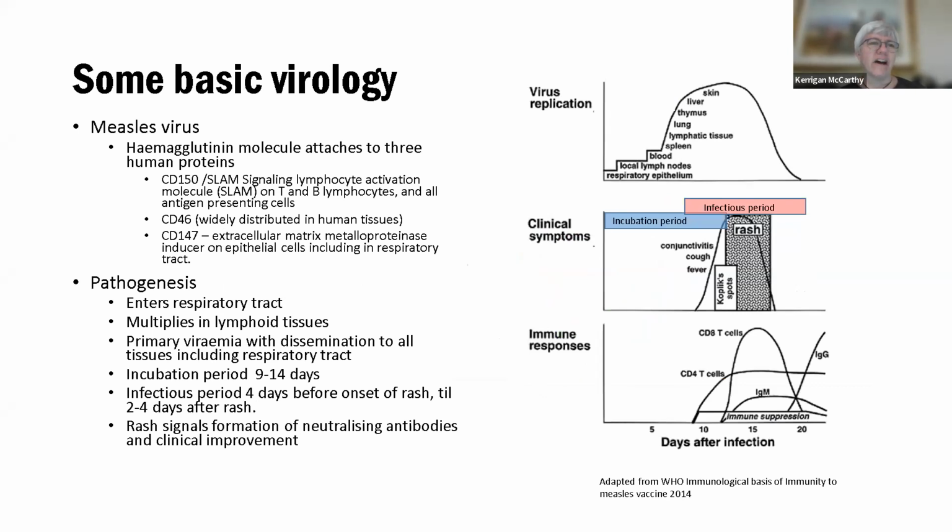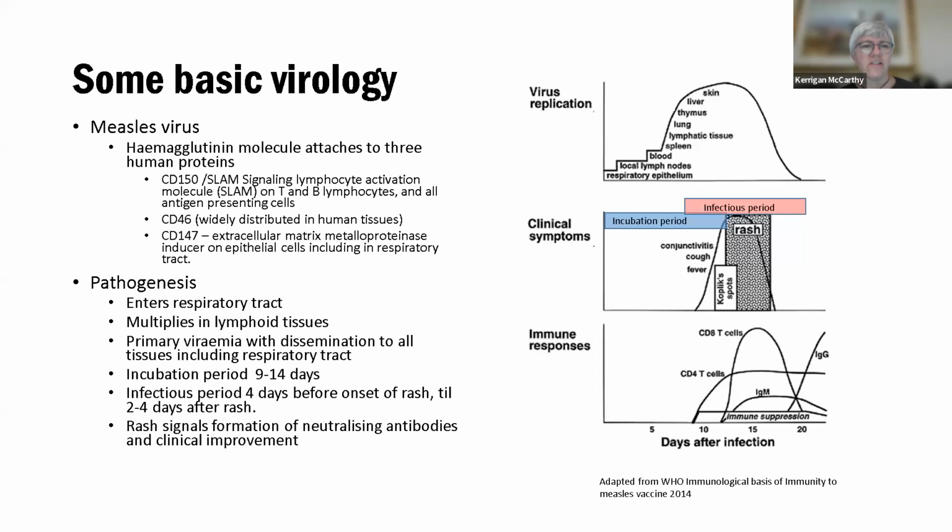How does the measles virus enter and cause disease? Essentially, the hemagglutinin molecule on the surface of the measles virus attaches to 3 specific human proteins. The first is CD46, and the second is CD147.